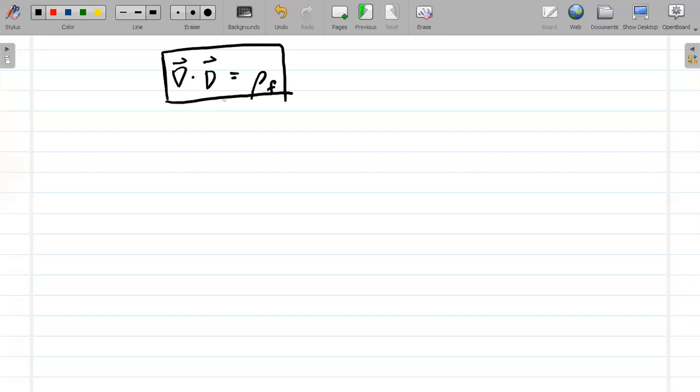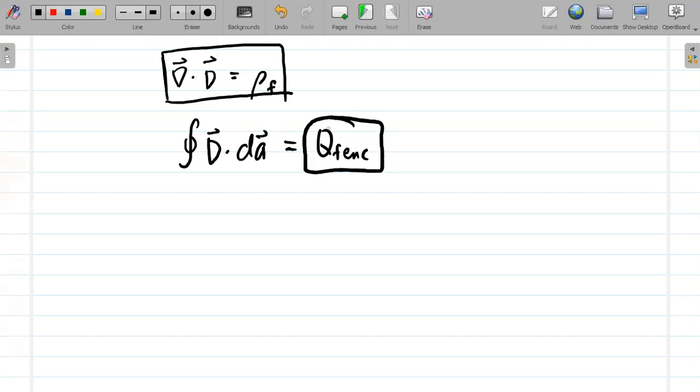Class, di ba, this is parang similar to Gauss's law. We also have the integral form. So that is the integral of D dotted with dA equal to Q F enclosed. So this is the enclosed free charges. Sige, sulat natin.